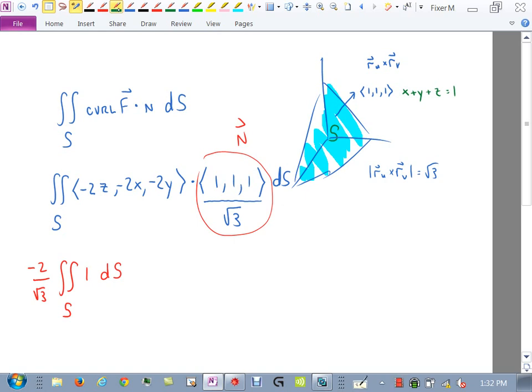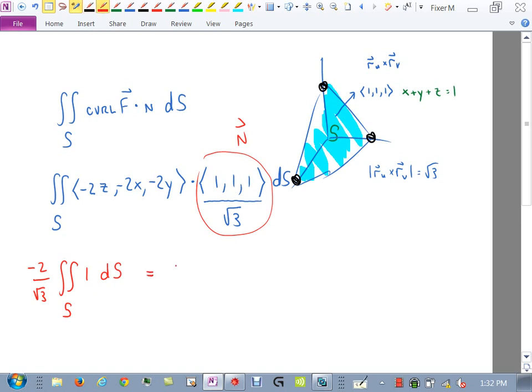Well, a triangle in 3-space. If I have a triangle in 3-space, then I just take the 2 vectors on it, cross them, take the magnitude, and divide it by 2. That's how I find the area of a triangle.